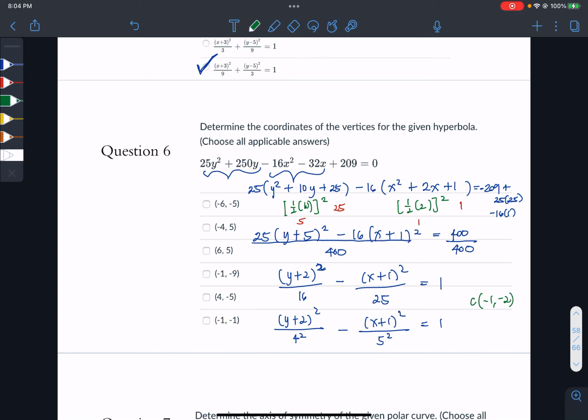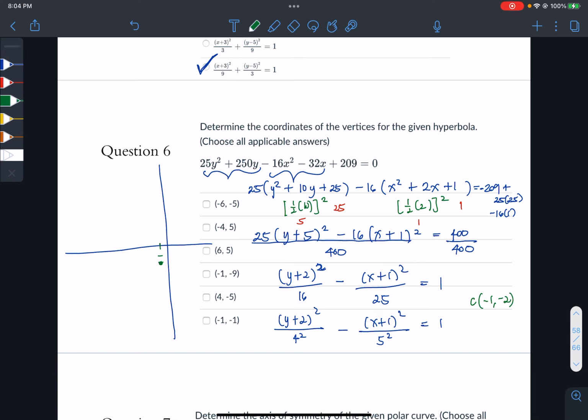So, negative 1 and negative 5 siya, no? So, ang gagraph natin siya, negative 1, negative 5. Okay, so yun yung pinakasentro ng hyperbola natin.